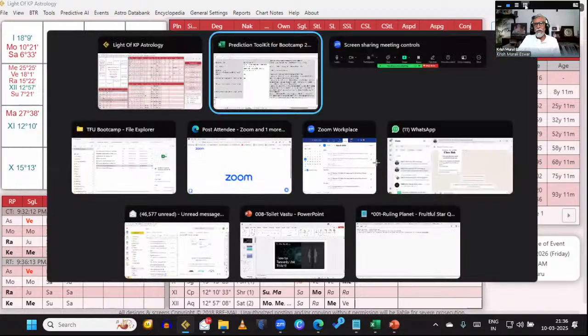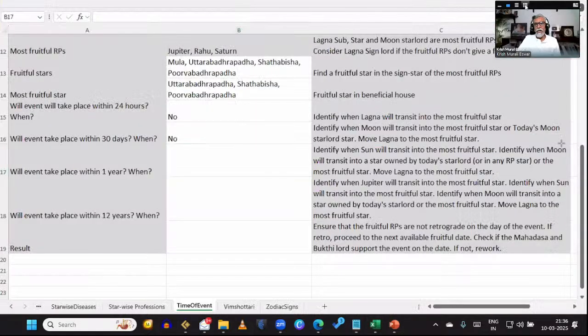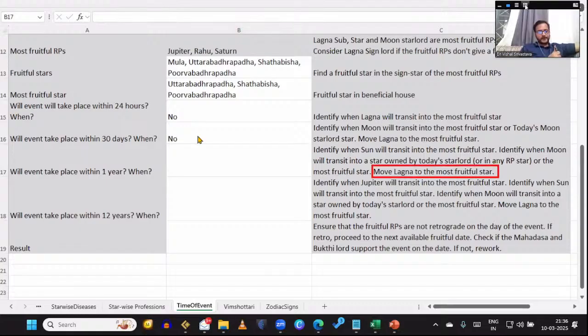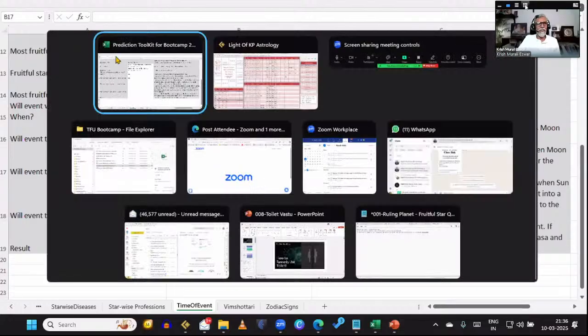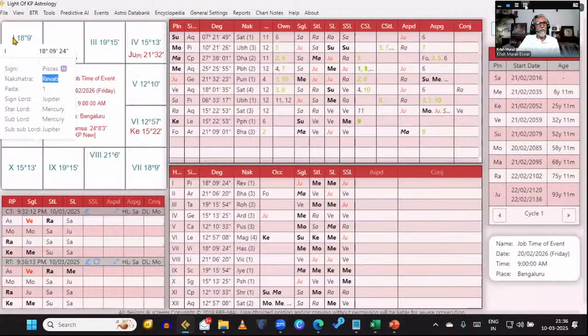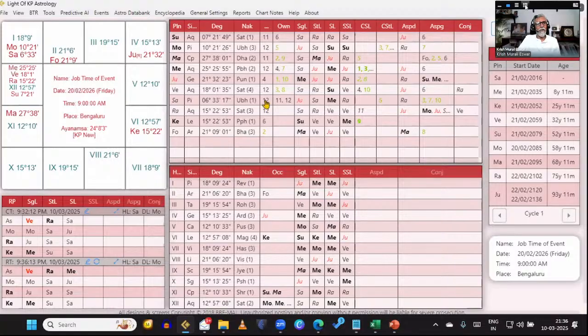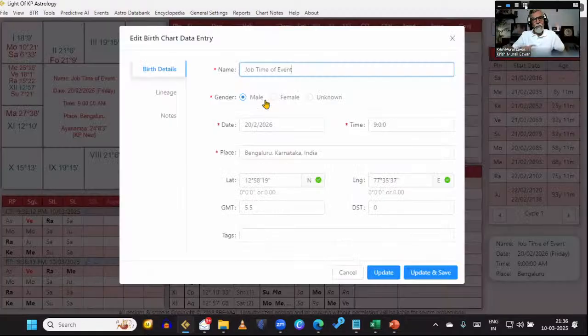Now next, we need to get the exact time. We need to move Lagna to the most fruitful star. Where is Lagna? Lagna is in Revati Nakshatra. Not interested. We will move that also into the Uttarabhadrapada Nakshatra.